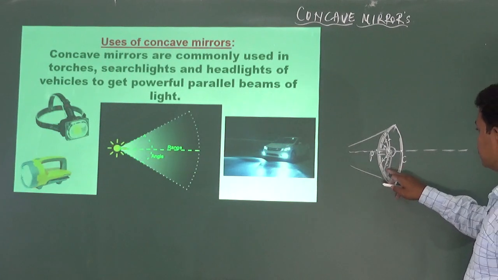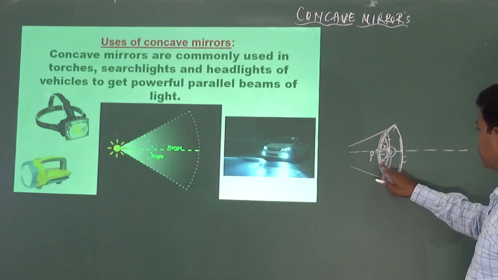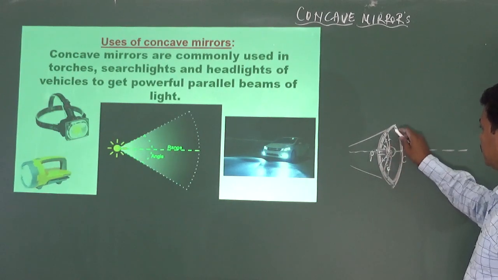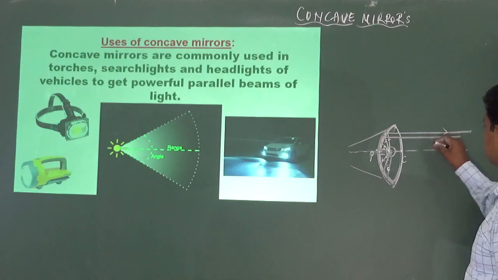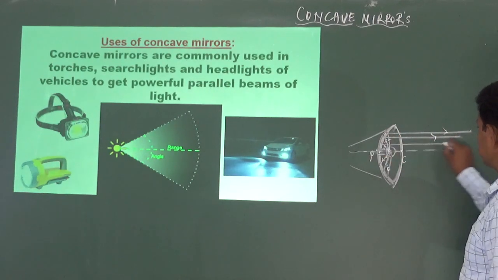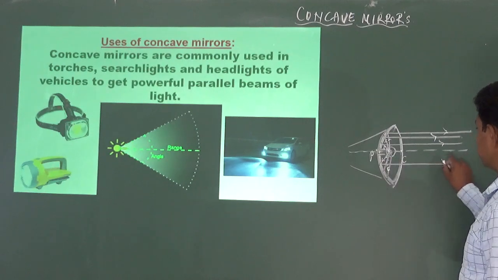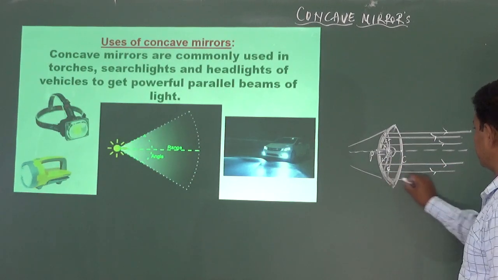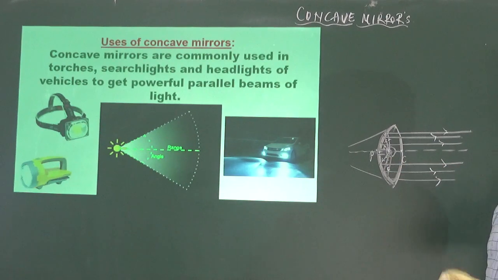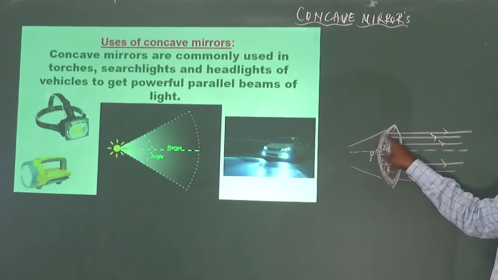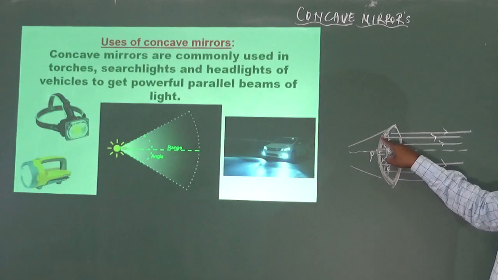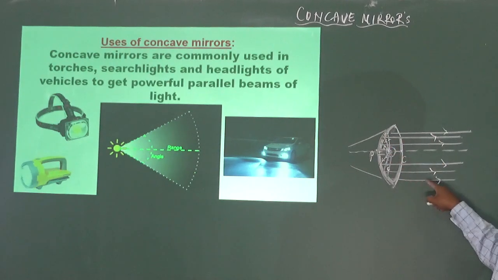So when the light rays pass through the focus to the mirror, after reflection they start traveling parallel to the principal axis. This is rule 1, which I told you regarding drawing ray diagrams for concave mirrors. When the light rays appear to pass through the focus of the concave mirror, after reflecting from the mirror they travel parallel to the principal axis.